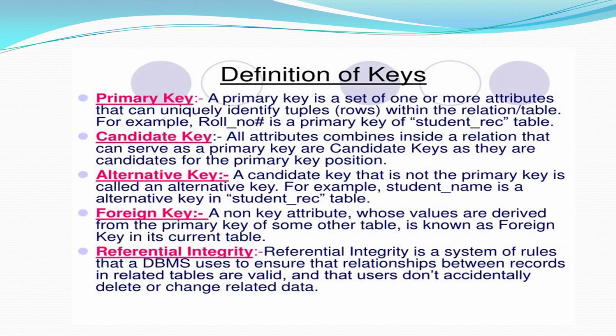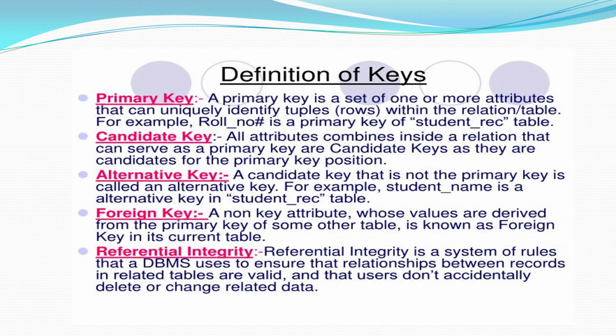Next, we will discuss foreign key. A non-key attribute whose values are derived from the primary key of some other table is known as foreign key in its current table. So, foreign key is a non-key attribute, it is not a key in the table for which it is meant, whose values are derived from the primary key of some other table.